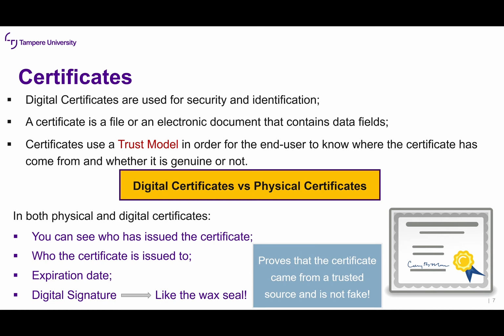So the stamp on the physical certificate is replaced by the digital signature on the digital certificate, right? So you can see that we are talking about the same concept, with the only difference that we are moving what we had all these years in the physical world to the digital world, right?